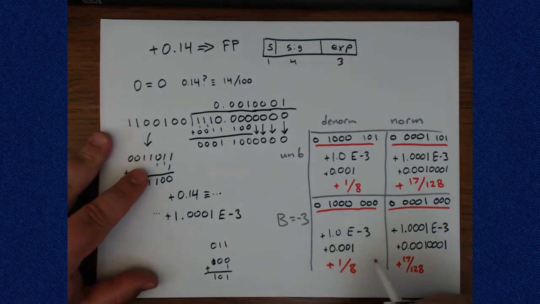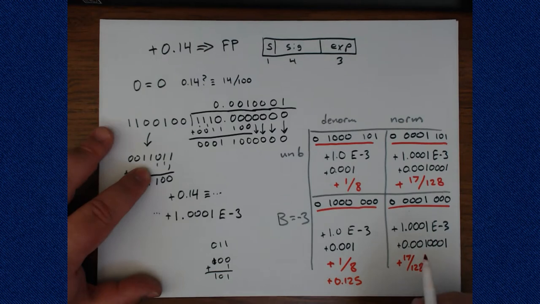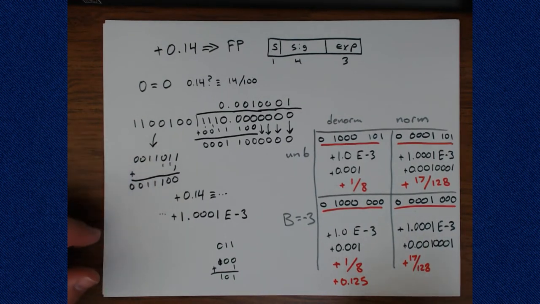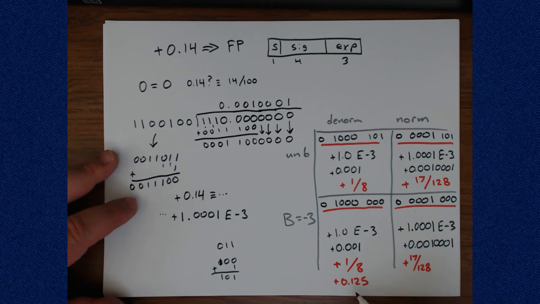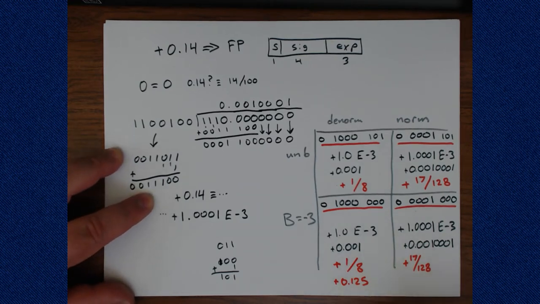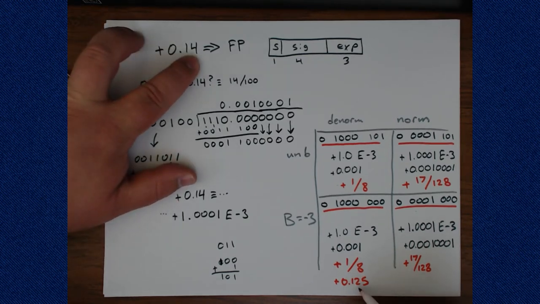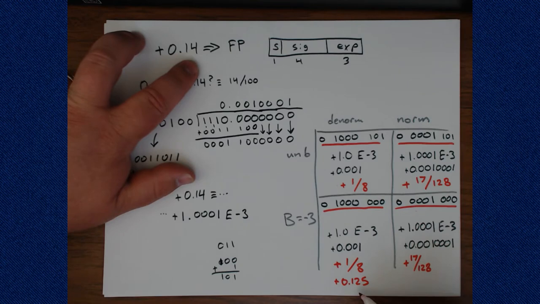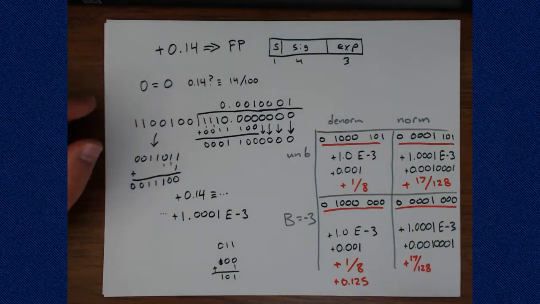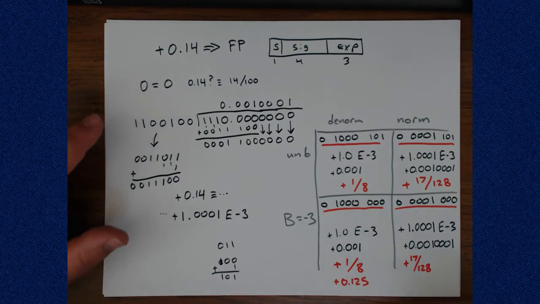Well, positive 1/8 is the same thing as 0.125. So it is closer this time than we were in our totally previous example, where we were off by an entire 10th. Now we're off by 2-ish hundredths, or 1.5 hundredths, or 15 thousandths, however you like to think of it. So that's significantly closer than being off by a full 10th.